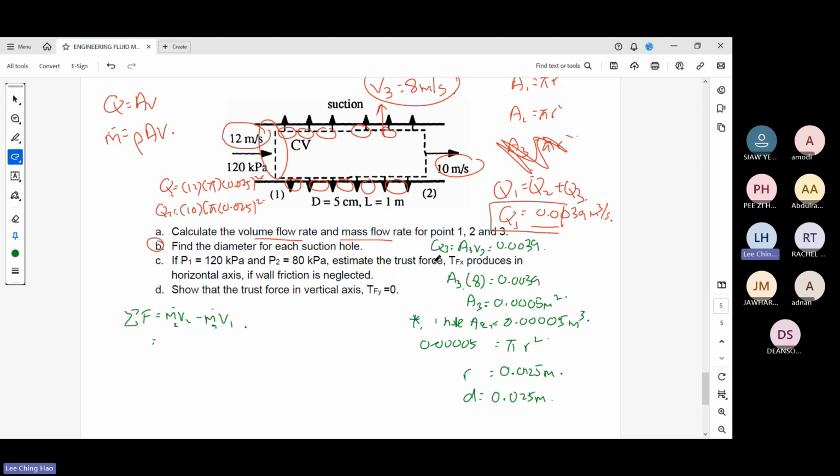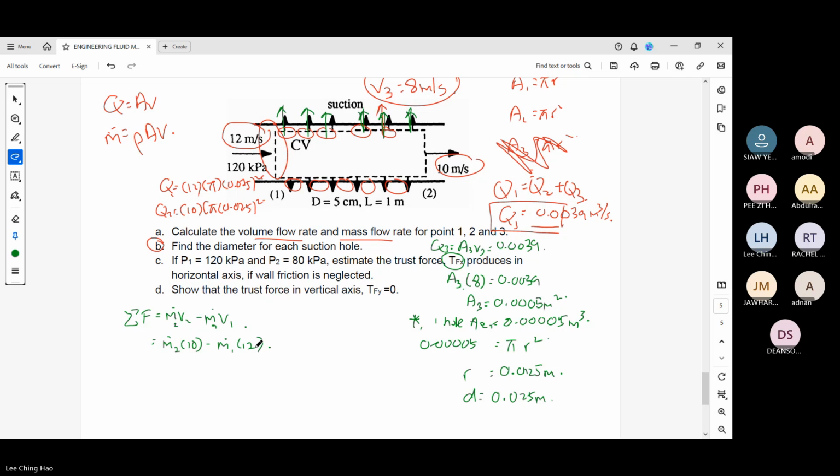And they already mentioned Fx. Why? Because the tree is going up, which is the y value, so we will not consider the x direction. So what you need to consider here will be m dot v2. I did not find the value, but you can copy from A. Just that I did not write it in full, so I did not know the value. So right hand side done.